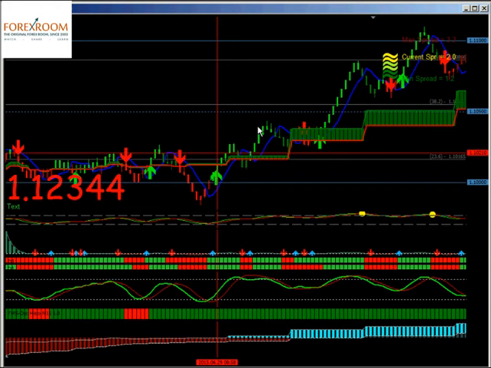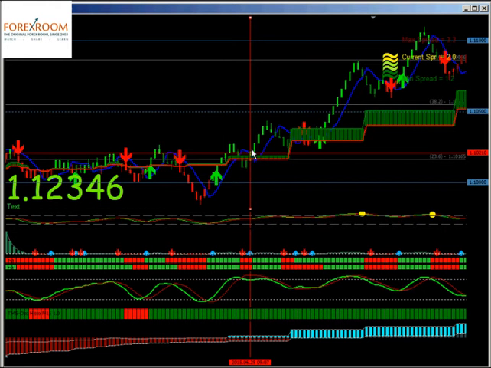His order is triggered and the price goes up. He may not have taken this first alert, but he will definitely take this one right here. His pending entry would be in this area.